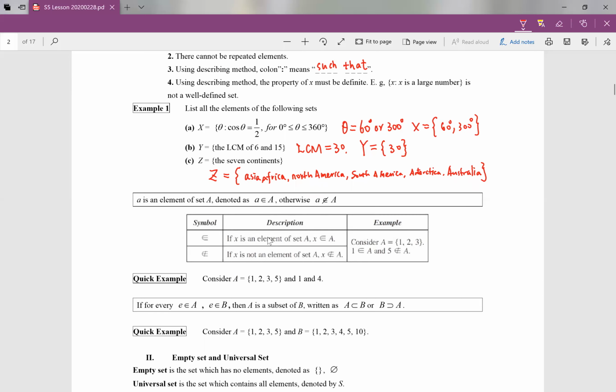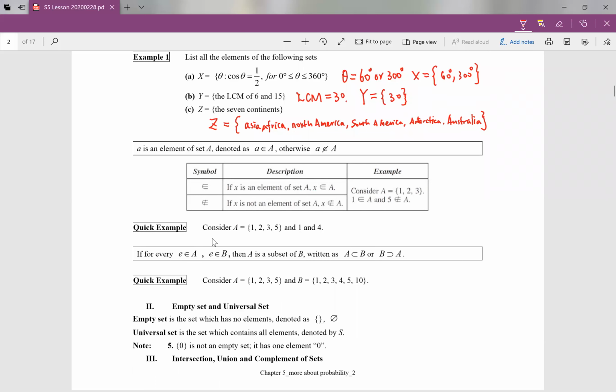Look at the example. A is a set of numbers 1, 2, 3. So 1 is an element of A, and 5 is not an element of A. 1 belongs to A, 5 doesn't belong to A.